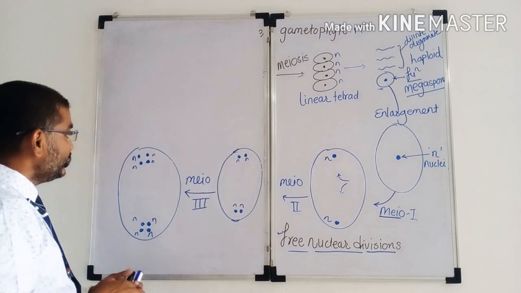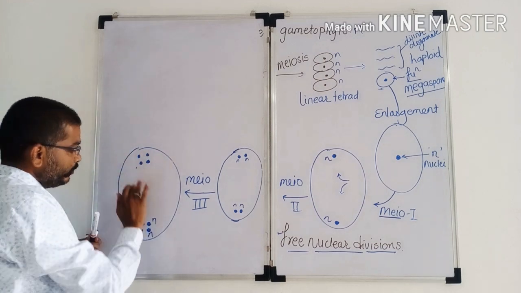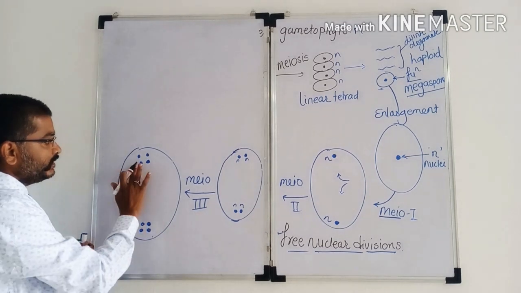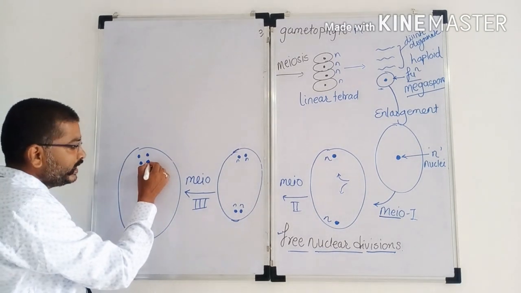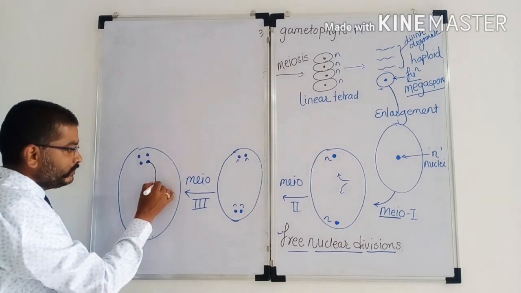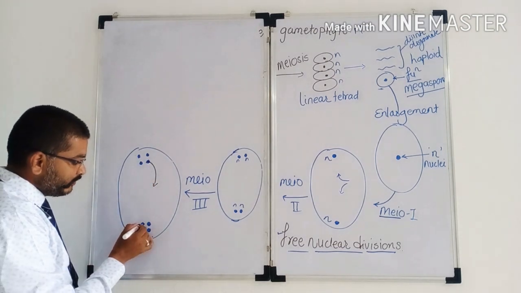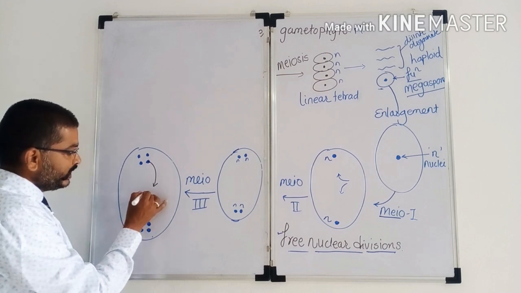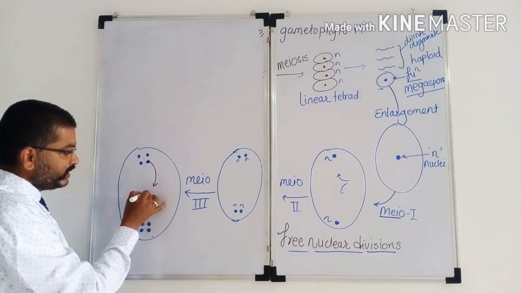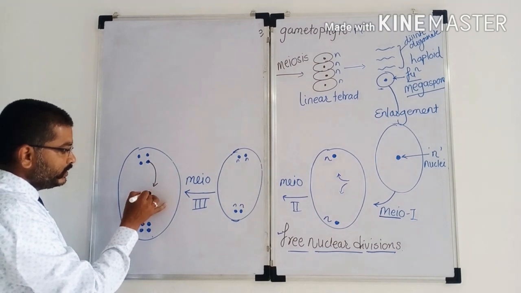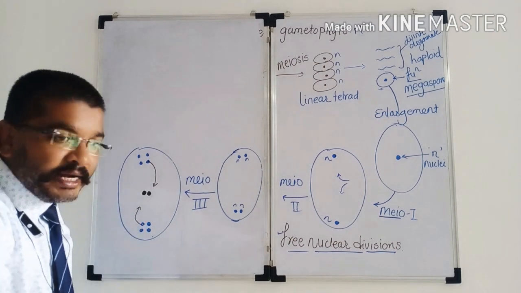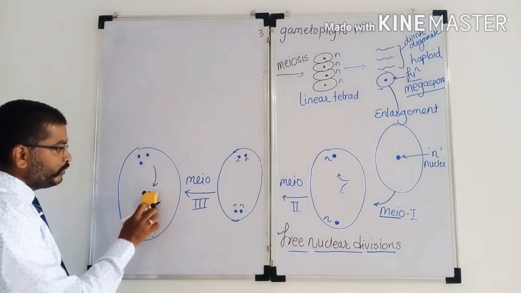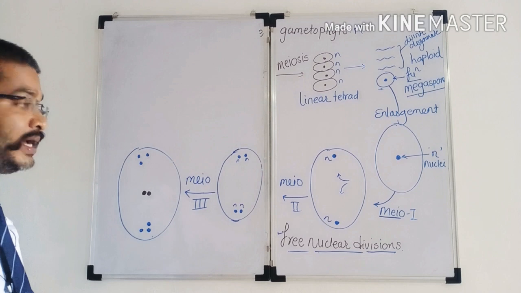Now what finally takes place? From these 4 nuclei present towards the upper pole, one nucleus migrates towards the center, and one nucleus from the lower pole comes towards the center. Therefore 2 haploid nuclei reach the center, and at the upper pole and the lower pole only 3 nuclei remain as it is.